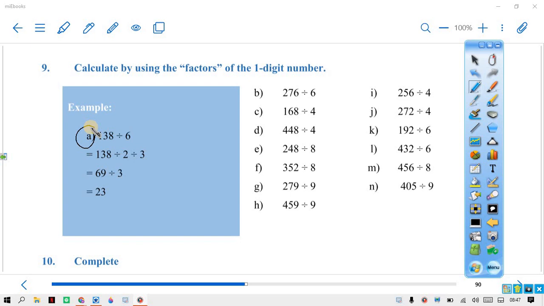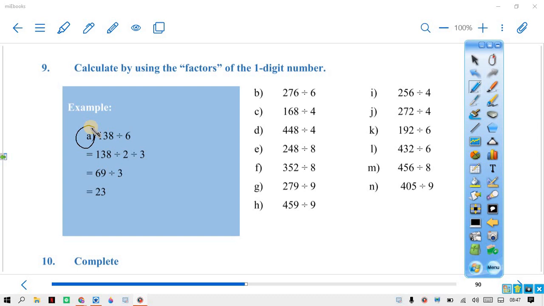So if I ask you to break 6 into its factors, which two numbers can multiply to give you 6? 2 and 3. What other two numbers can multiply to give you 6? No, that's the same thing. Another one. Okay, someone, good. 1 times 6, 6 times 1. So 1 and 6 are also factors, and 2 and 3.